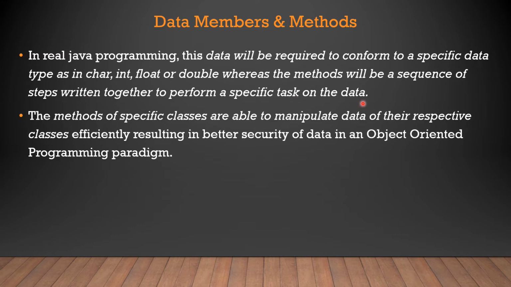So basically, in programming, while we are writing a program, we are writing the code for it, we are writing a sequence of steps. Means the steps are written in a sequence and we write them together. So why do we write them? Basically we want to perform some specific task and we want to perform that task on data.